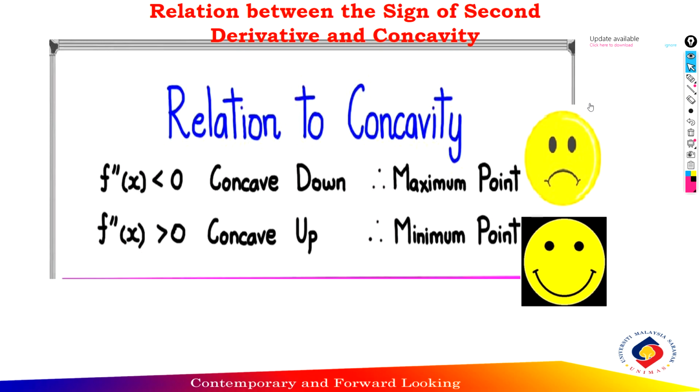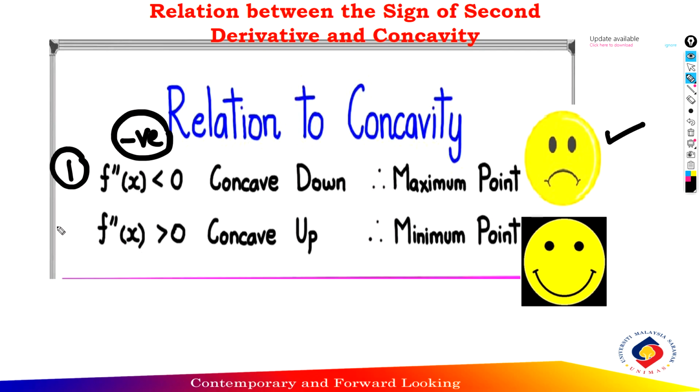Now the relation between the sign of the second derivative and the concavity of the function. First you check the sign of the second derivative. Number 1: the sign of the second derivative is less than 0, negative, so the graph is concave down, and the conclusion is that a relative maximum point exists.